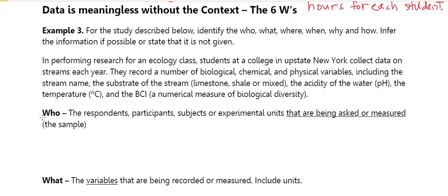The thing that's tricky about the who is it's not always people. So you might think, oh, the who are the students in the ecology class. But actually not, because we're not measuring the students. We are measuring what? Can you guess? They collect data on streams each year.